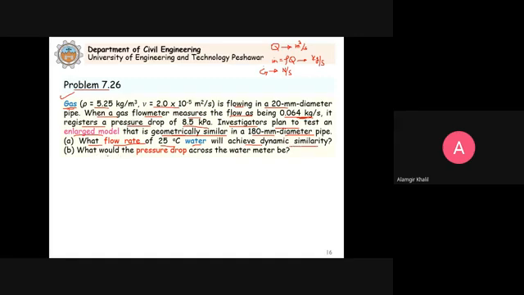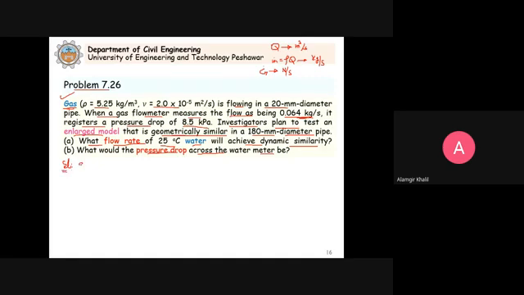The second part is what the pressure drop across the water meter would be. In the model we are using water, whereas in the prototype we have the gas, so the fluid properties will be different. Let us solve this problem step by step.